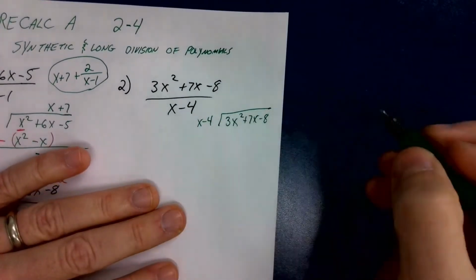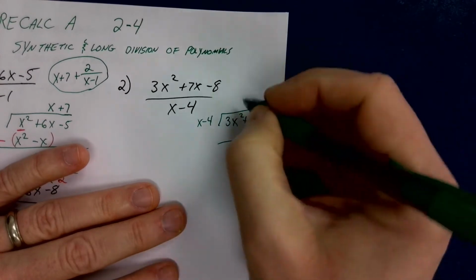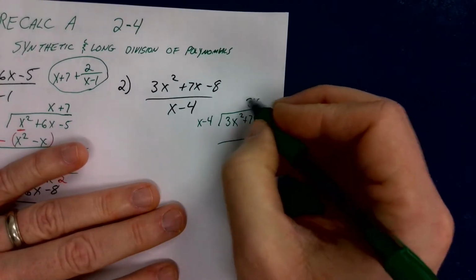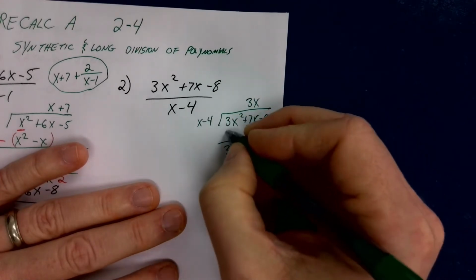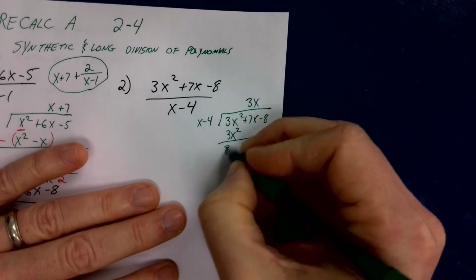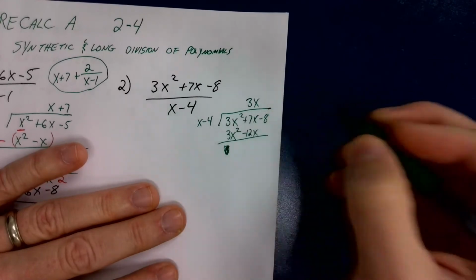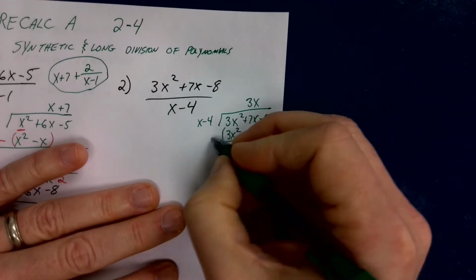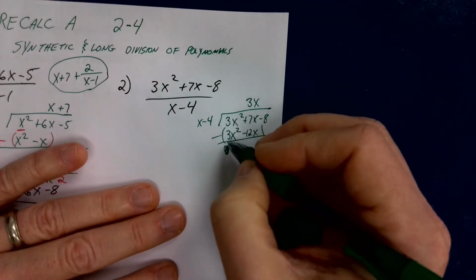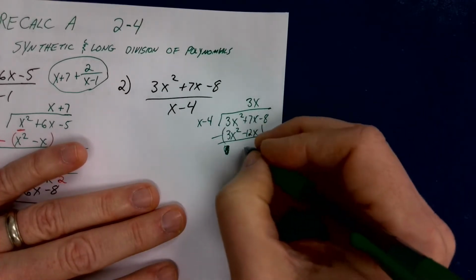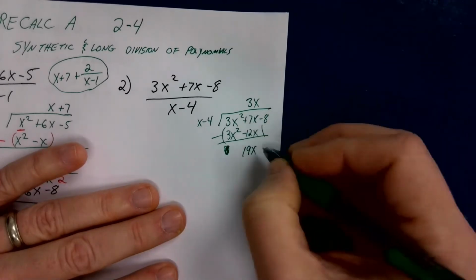How many times does x go into 3x squared? It goes in 3x times, so I put that right there. 3x times x is 3x squared. 3x times negative 4 is negative 12x. And I subtract 3x squared minus 3x squared goes poof. 7x minus a negative 12x is actually 19x.